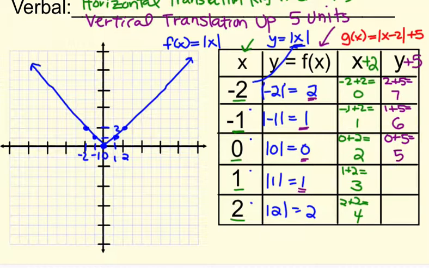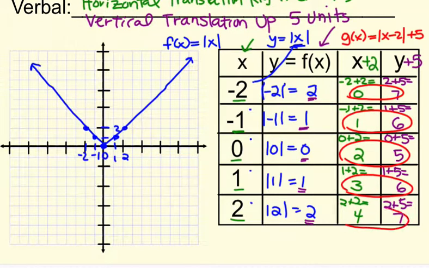Now 1 plus 5 equals 6. And then 2 plus 5 equals 7. We're going to get our new 5 ordered pairs. Here are our ordered pairs: 0, 7, 1, 6, 2, 5, 3, 6, and 4, 7, which make up our red g of x function.